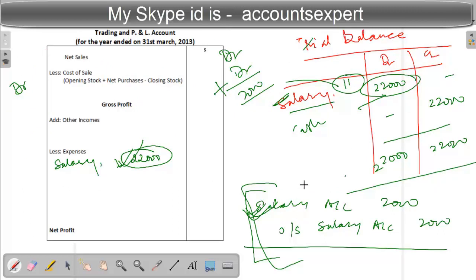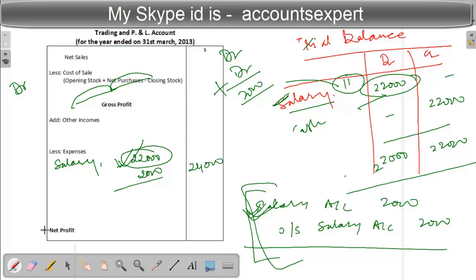So salary debited how many times? 2 times. So direction is same, debit and again debit. That's why we will add this 2,000 and write here 24,000.